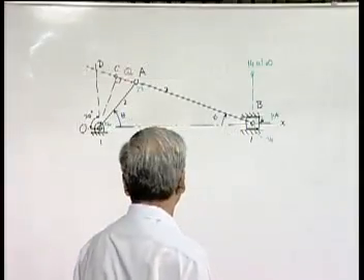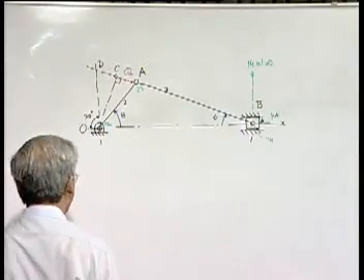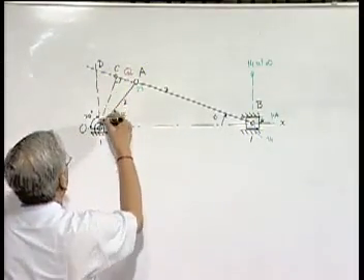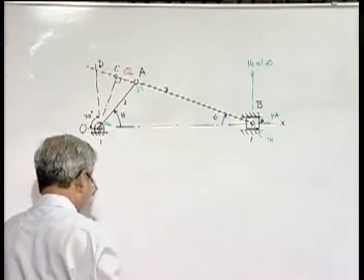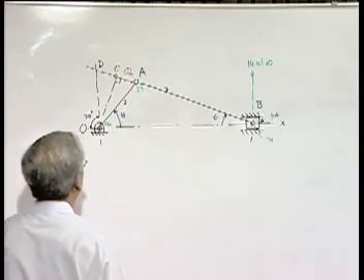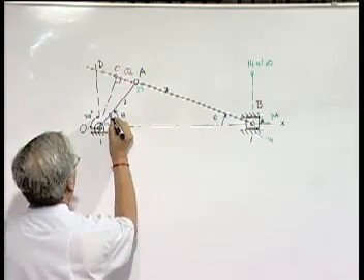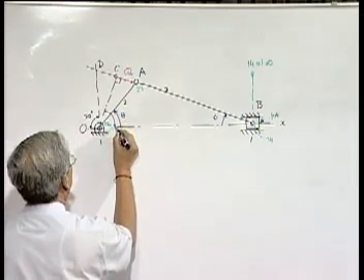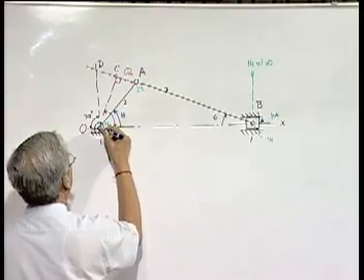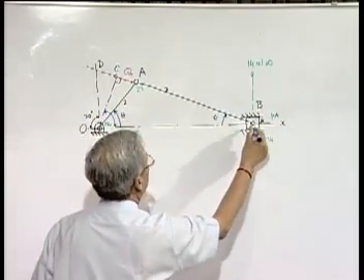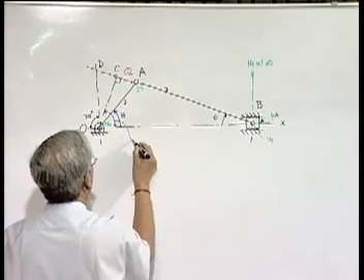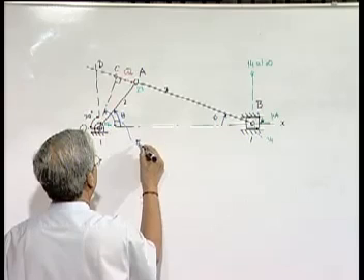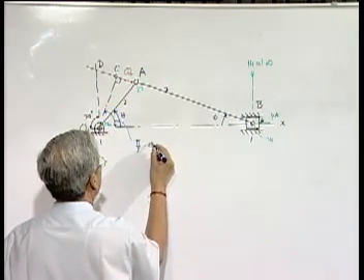Now, from this right angle triangle OCD, this is the right angle, and this is angle phi. So this angle will have to be 90 degrees minus phi.